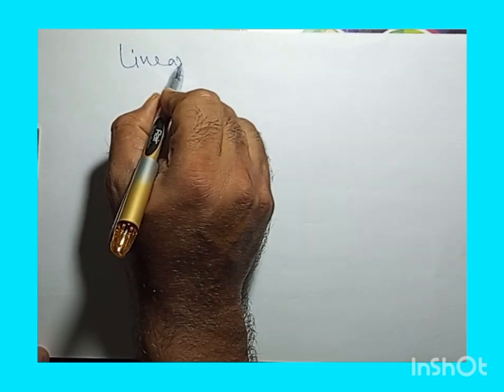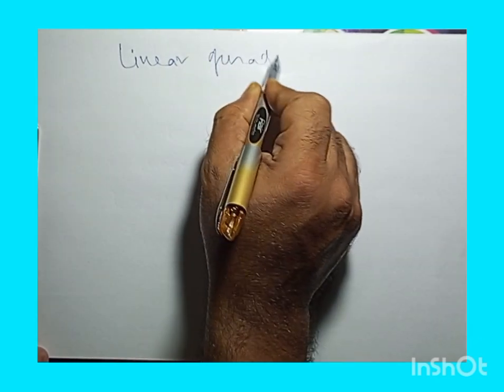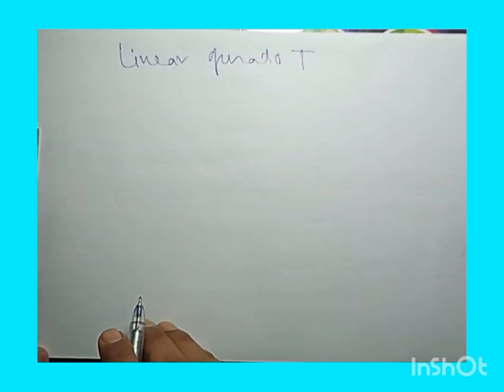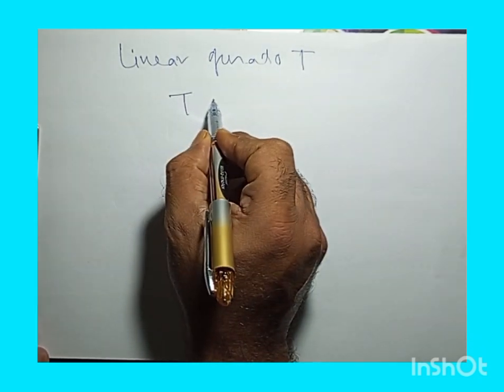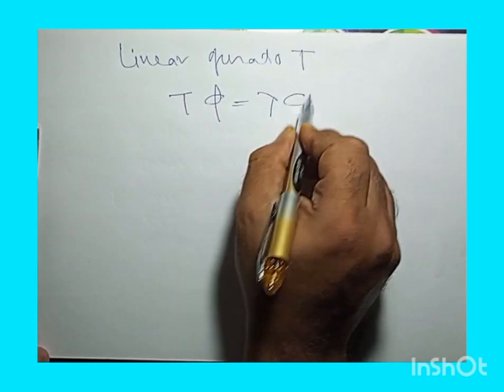Then comes the finding of the eigenvalues and eigenfunctions. To find them for the linear operator T, we can solve the eigenvalue equation T phi equal to lambda phi.